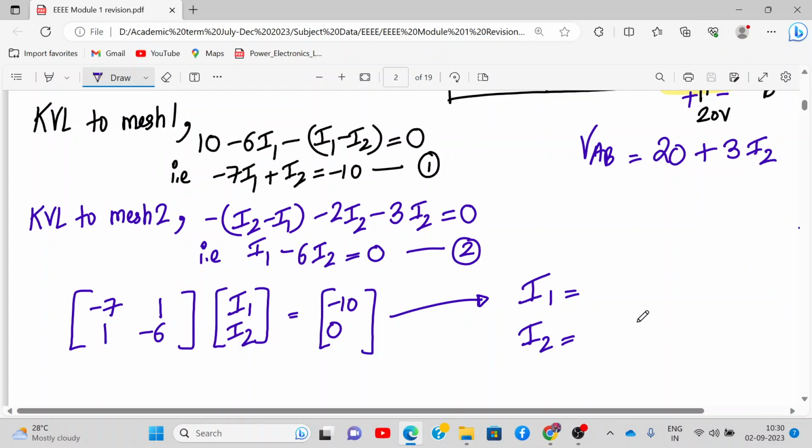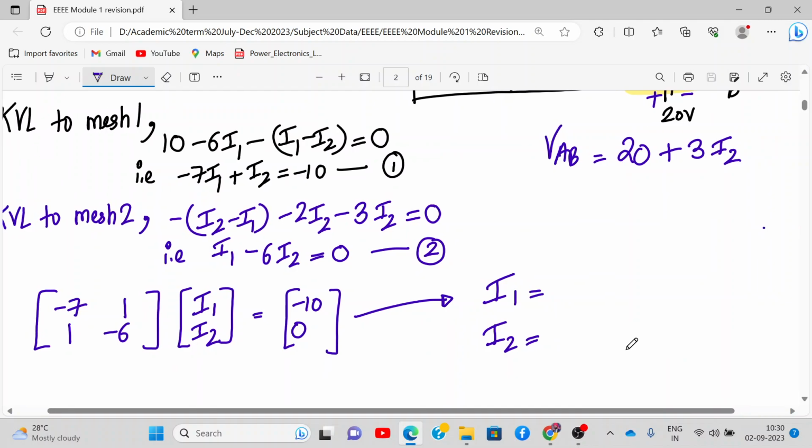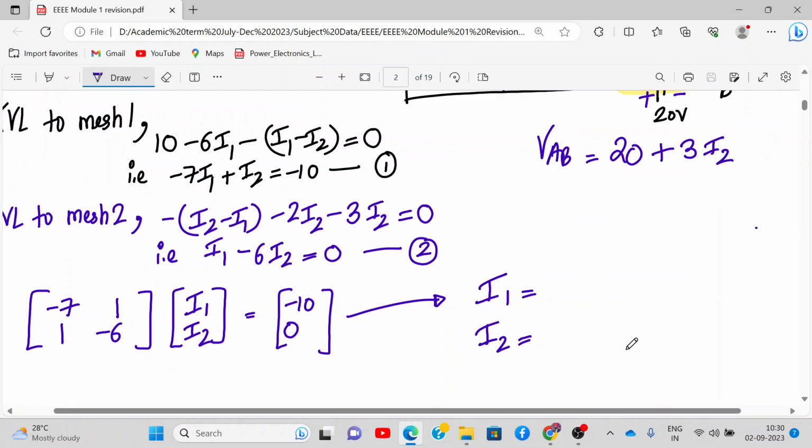How much is I1 and I2? I hope you know how to solve it in the calculator. You must have done it many times. Can I know the answer?